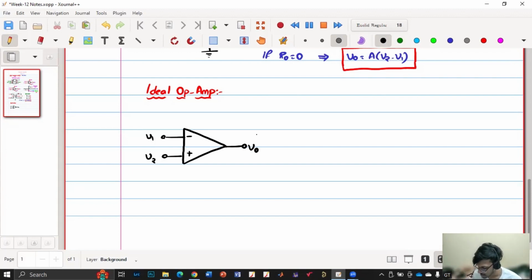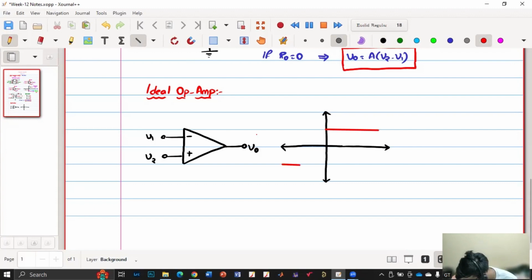So if I consider an ideal op amp, the circuit will be something like this. This is our plus VCC, this is our minus VCC, this is our V naught and this is our V2 minus V1.